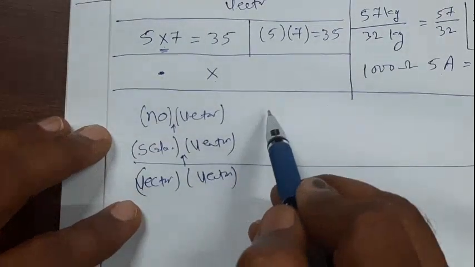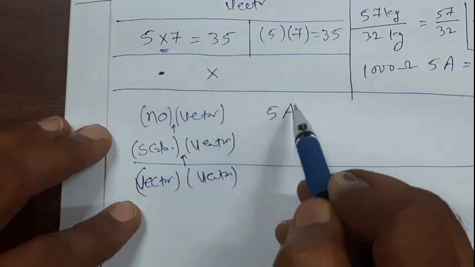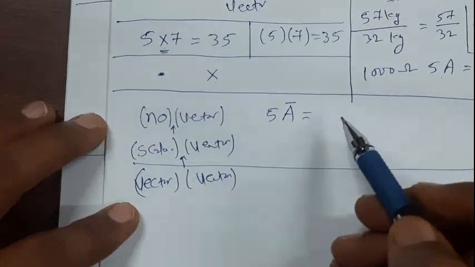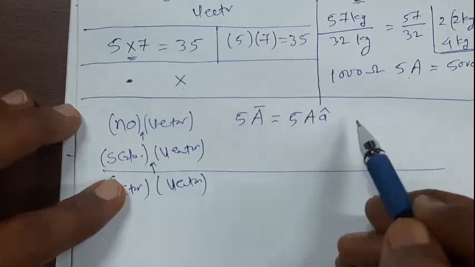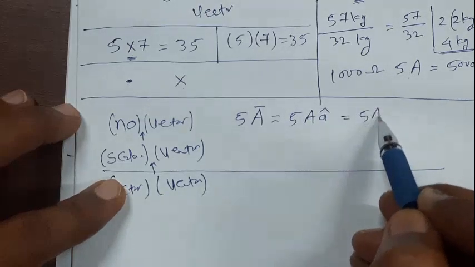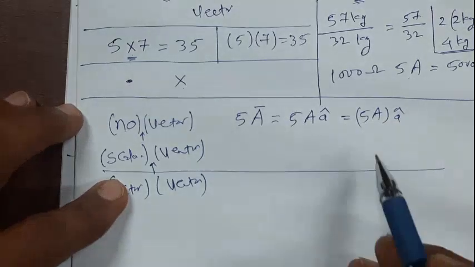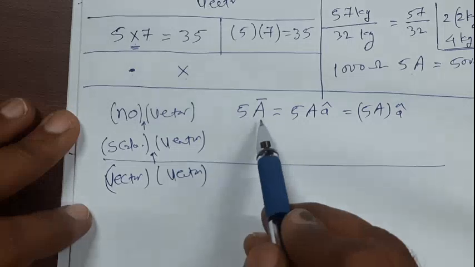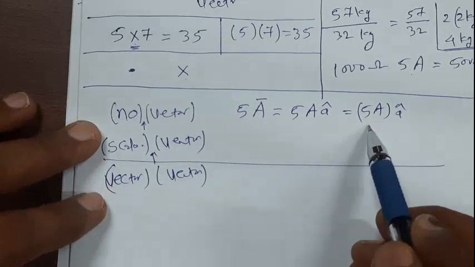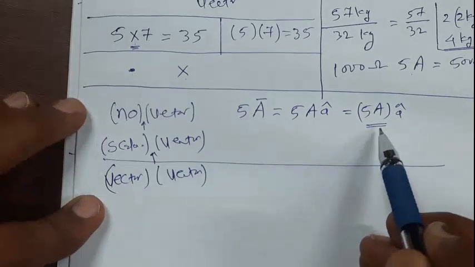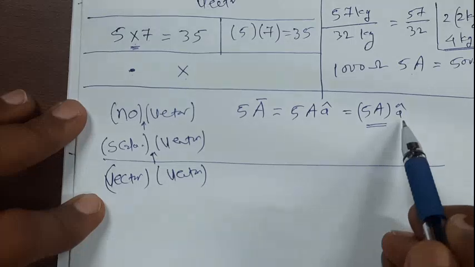Suppose it is 5 into A bar, then that is nothing but 5 into A cap, or 5A into A cap. It means when I multiply any vector by a number, I have to multiply the magnitude of that vector by that number and the direction remains as it is. Correct? Okay, this is fine.